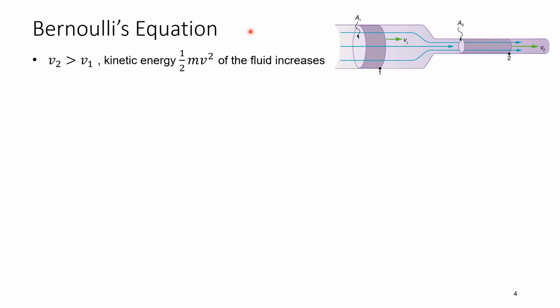We have learned that when a fluid flows into a narrow channel, its speed increases. That means that its kinetic energy, half mv squared, also increases. But where does that change in kinetic energy come from? This increase in kinetic energy is related to the net work done on the fluid to push it into the channel.